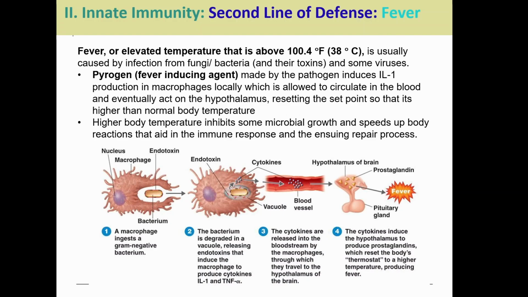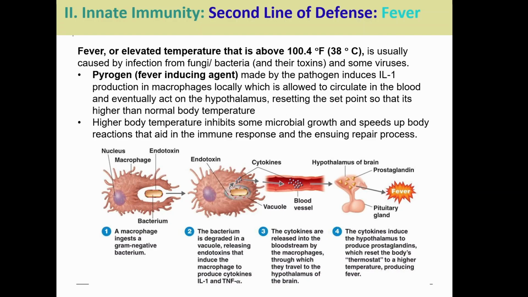So pyrogens, right, made by a pathogen are going to trigger interleukin 1 in the macrophages. This is going to get to the hypothalamus, and the hypothalamus is going to raise the body temperature in response. So the pathogen has some sort of marker on it that we detect that's going to turn interleukin 1 on, and then your hypothalamus receives that interleukin 1 signal and goes, oh snap, turn on the heat.